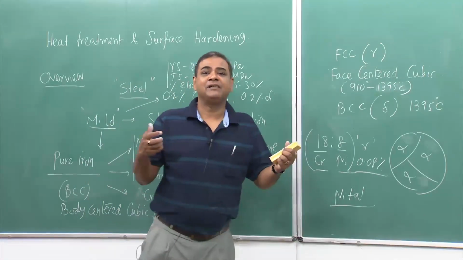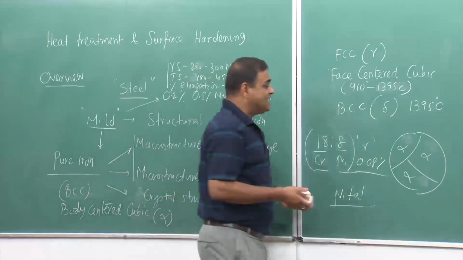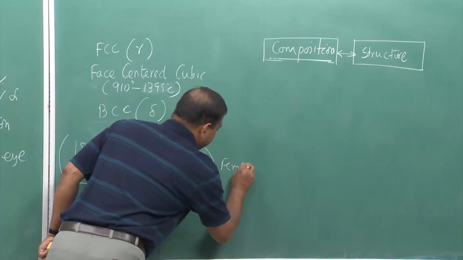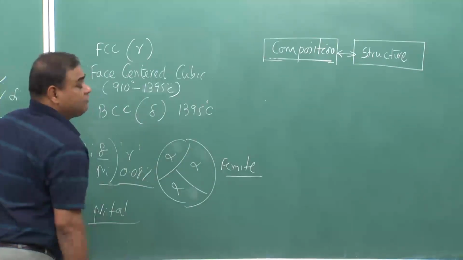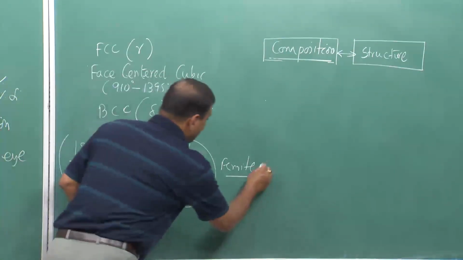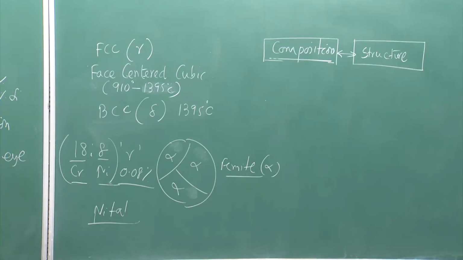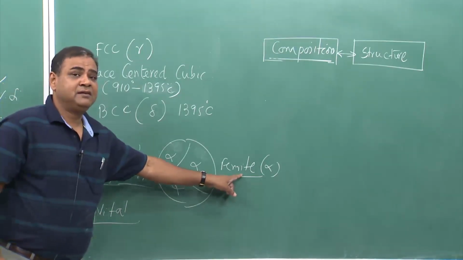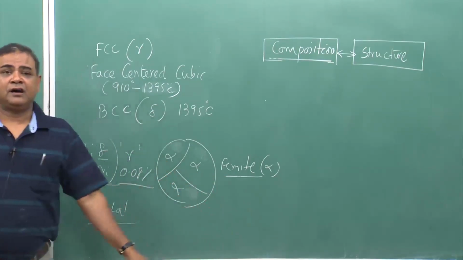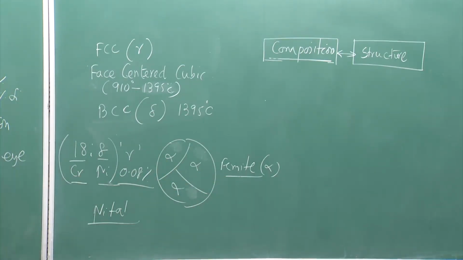Once we have an iron-carbon alloy, at that time we call it ferrite. These grains are called ferrite grains, and ferrite is also alpha, but now this alpha contains interstitial carbon. So this ferrite is nothing but an alloy of pure iron and carbon.